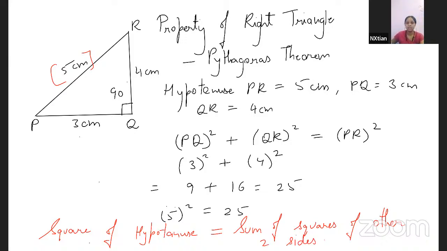Other two sides. Okay, and this is the Pythagoras theorem.